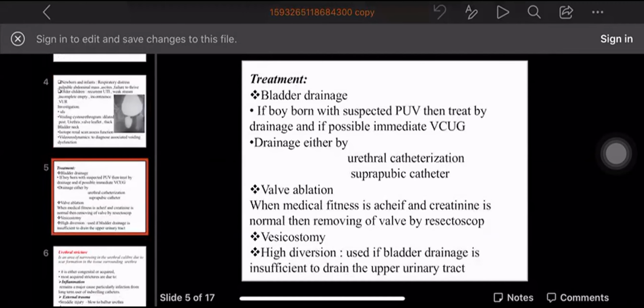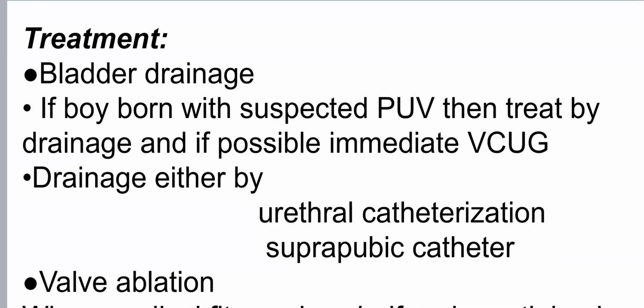Now we will complete the treatment, bladder drainage. At first, we stabilize the patient, so drain the bladder either by insertion of a Foley catheter or by suprapubic drainage of the bladder.